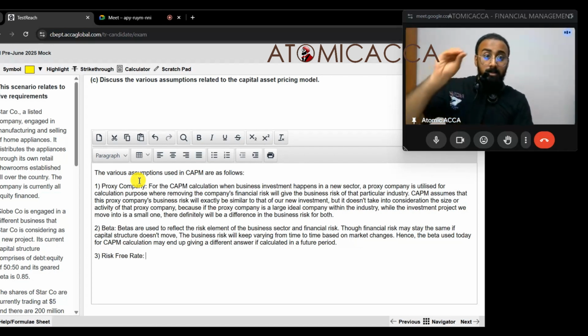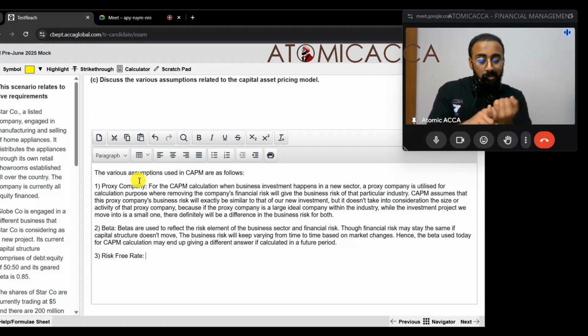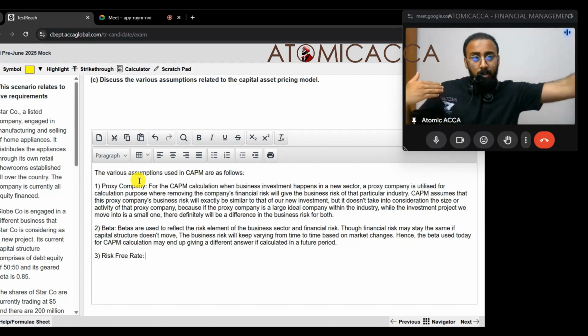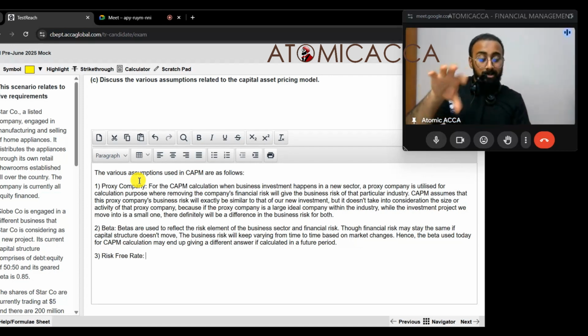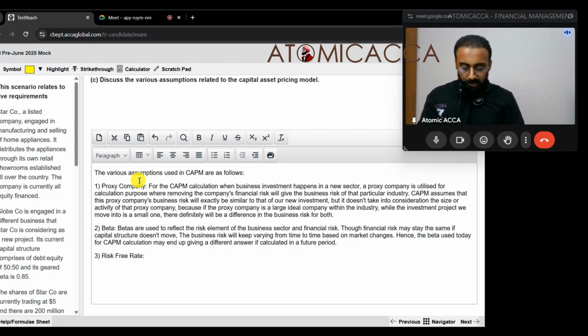In reality, not everyone can invest there, and not everyone can borrow at the same rate, because when you borrow, credit rating and market rates will apply. Depending on the tenure and the amount you plan to borrow, these figures keep changing, which means not everyone can invest or borrow at the risk-free rate. But the CAPM model assumes that everyone can. This is the assumption.